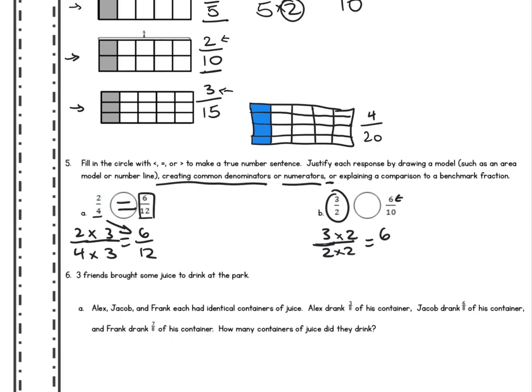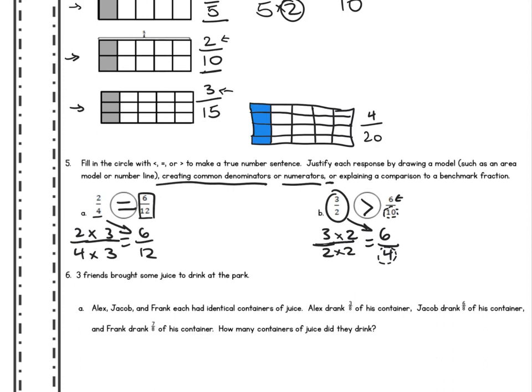So 3 times 2 and 2 times 2. And so that's going to create the fraction of 6/4. So 3/2 is the same thing as 6/4. And since fourths as a unit are larger than tenths, I know that 6/4 is greater than 6/10, and therefore 3/2 is greater than 6/10.